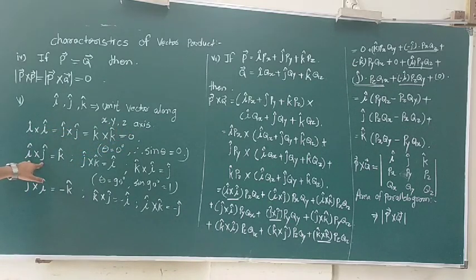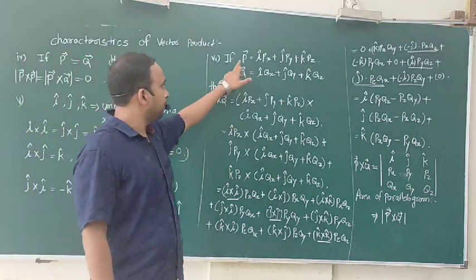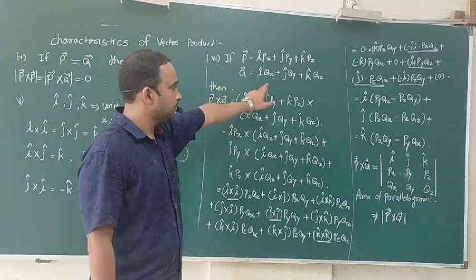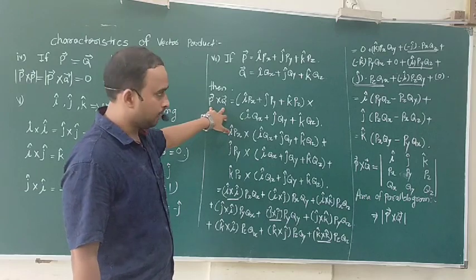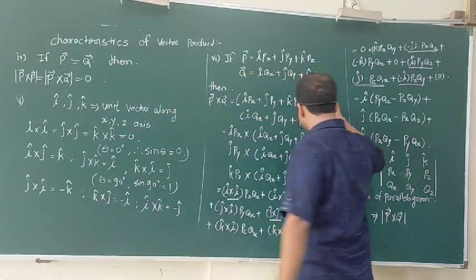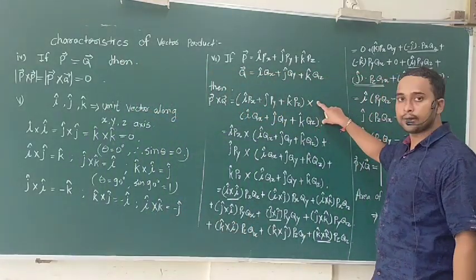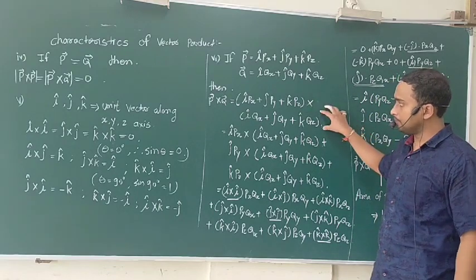i cross j cross k cap is equal to i cap, similarly opposite. Now see here, if p bar is equal to this, q bar is equal to this, we want to find the p bar cross q bar. I substitute the values of p bar and q bar.